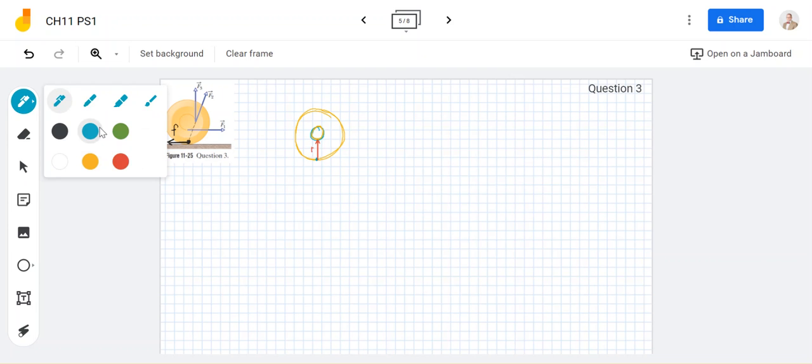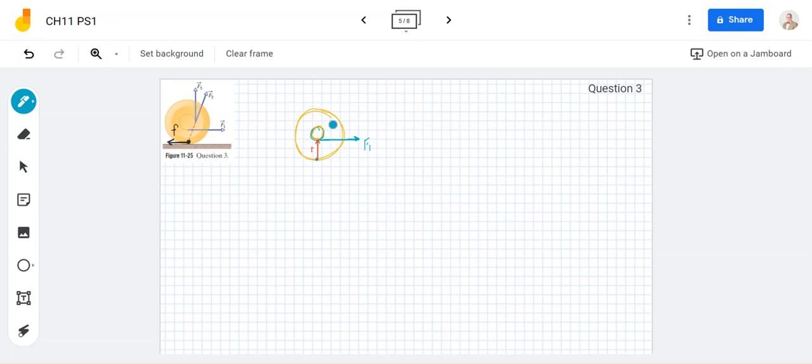And then I'll go to do my string vector. We're going to call that F1 right there. Well, what you're going to notice is those are perpendicular, which gives you the maximum here.